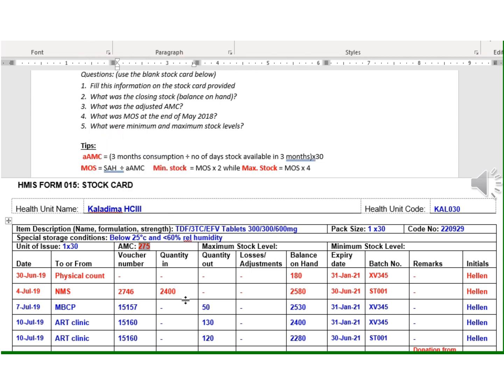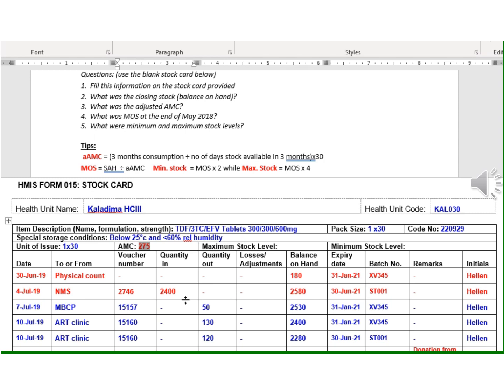After establishing average monthly consumption, and this is in a pencil because next month it might differ, it might change. Maybe next month I may have many patients coming to my facility, or might even have less. Since it is not static, I use a pencil and should be able to update it next month.